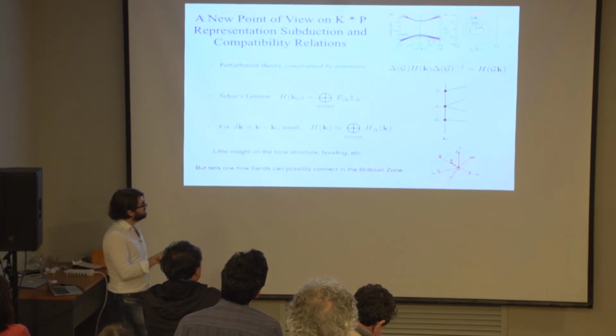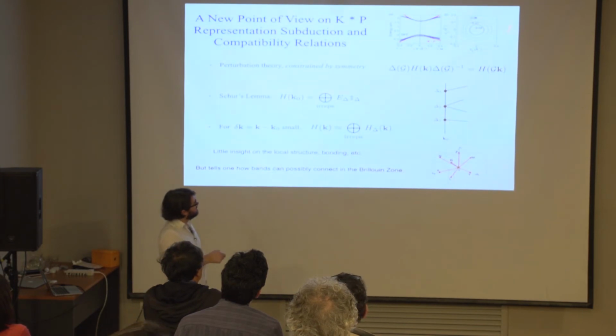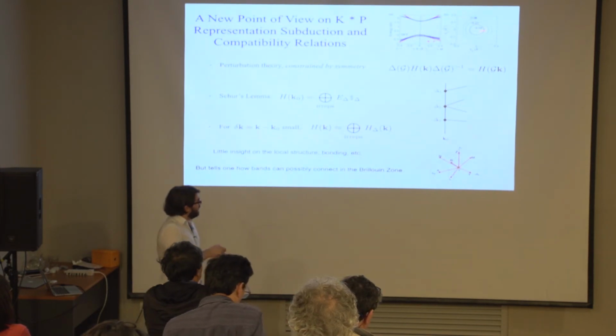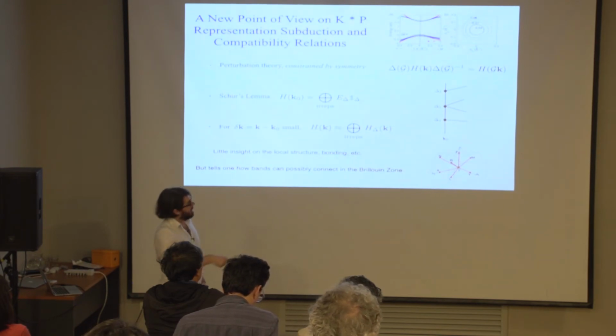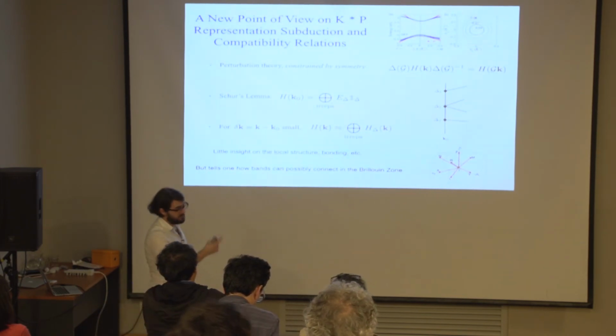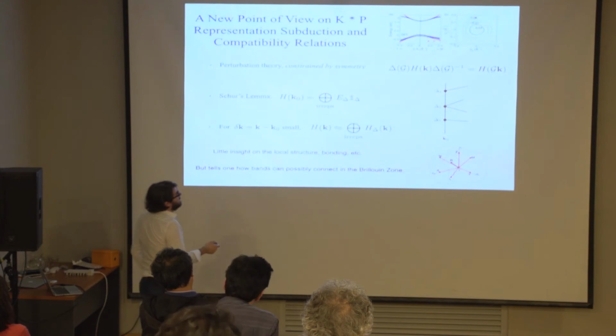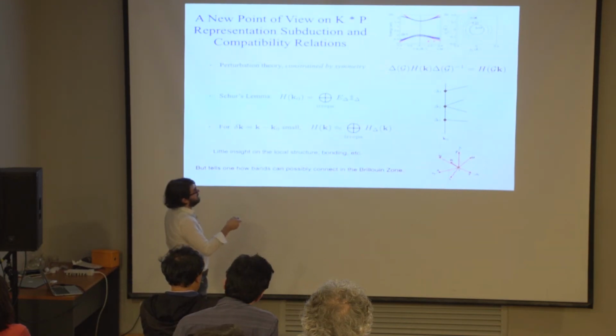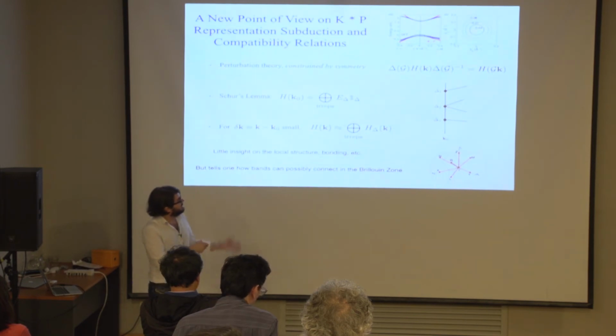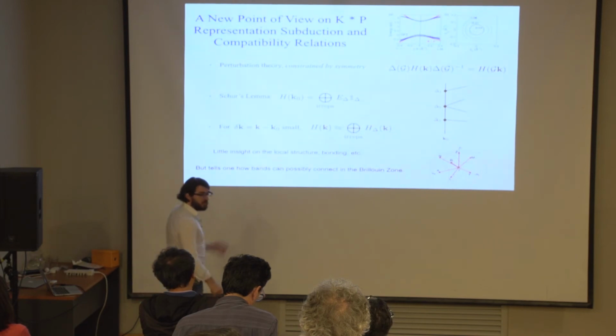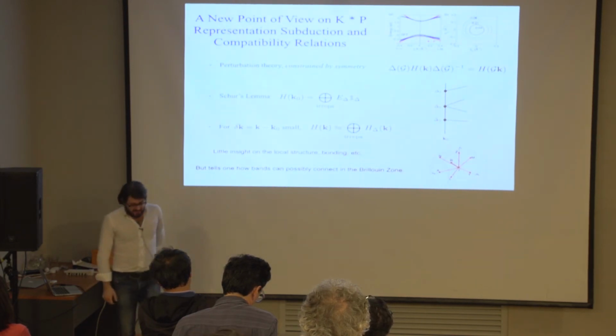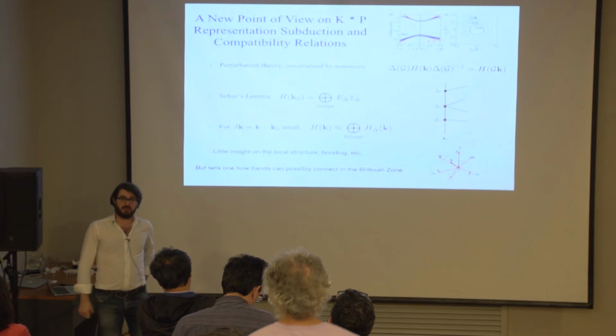So usual k.p theory is given to us to find Fermi surfaces around high symmetry points or around high symmetry lines, etc. And it really gives you such amazing, quantitative information when you implement it correctly, such as Fermi surfaces, degeneracies, etc. But really, what k.p theory is, is a set of compatibility relations.